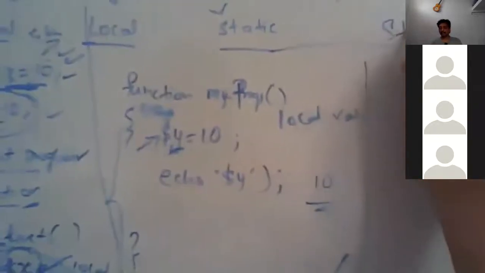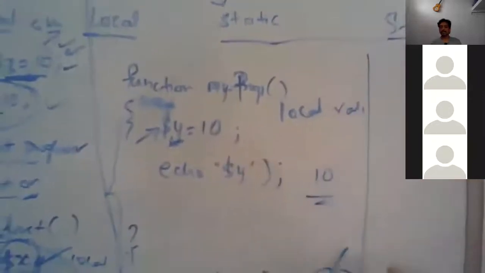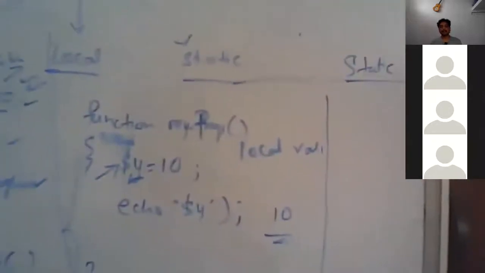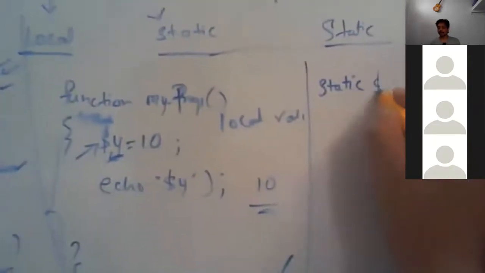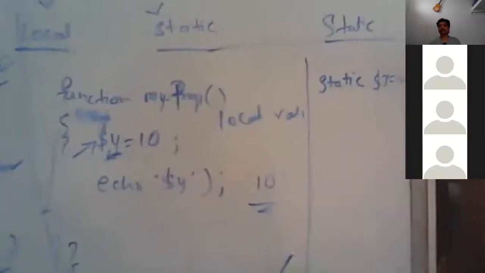Once this is clear, we'll come to the static variable. The static variable retains its value from outside the function also. Once we declare a variable as static, here we use a keyword called static. For example, static $x is equal to 10.